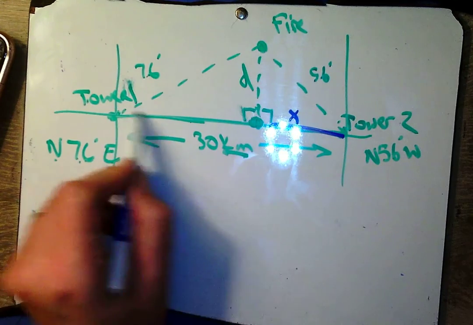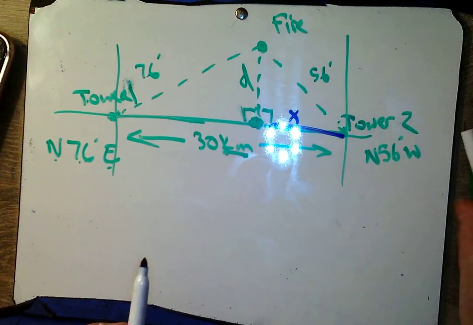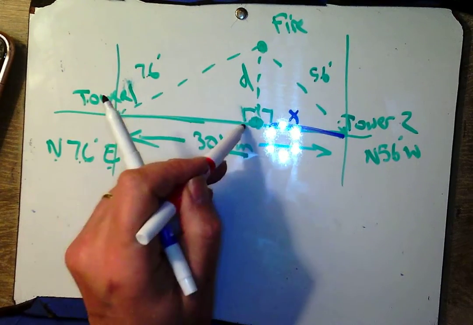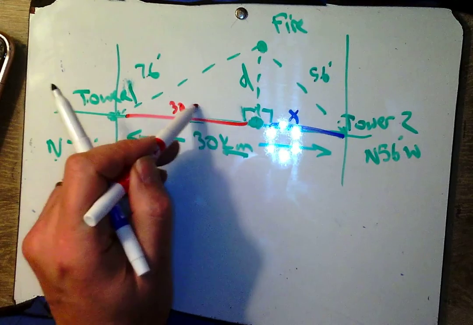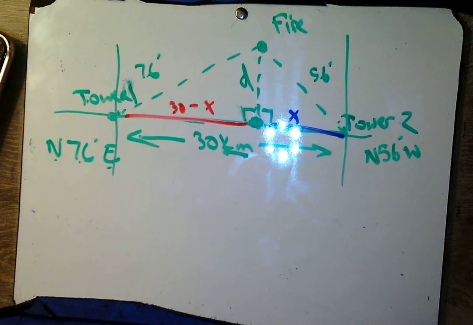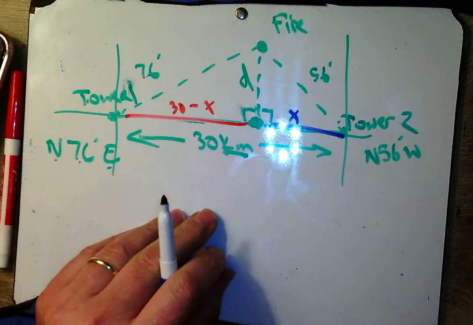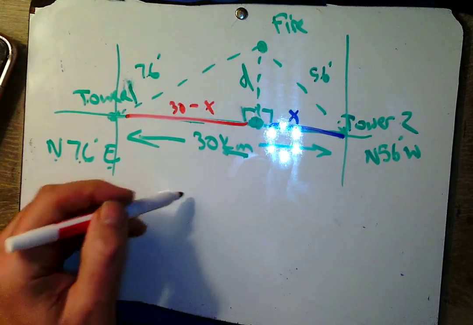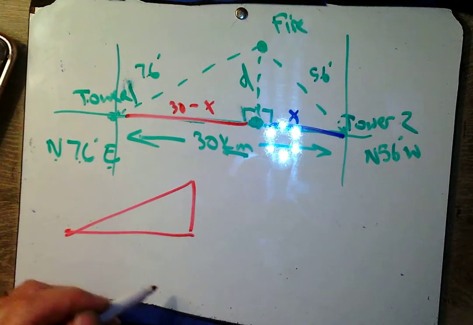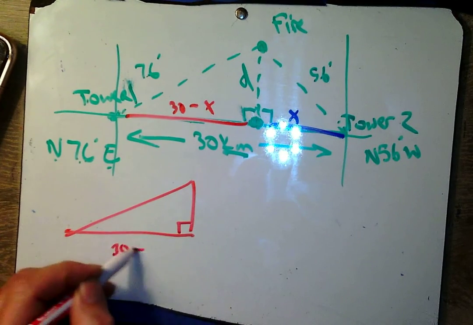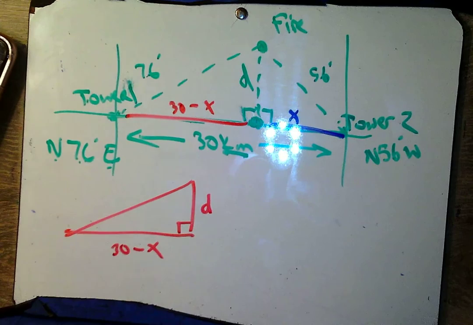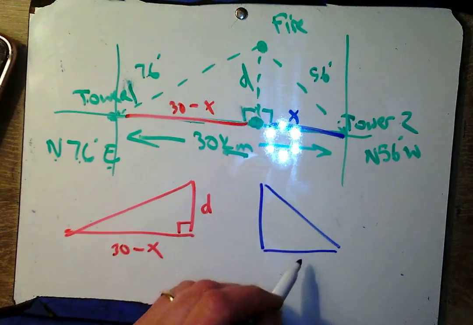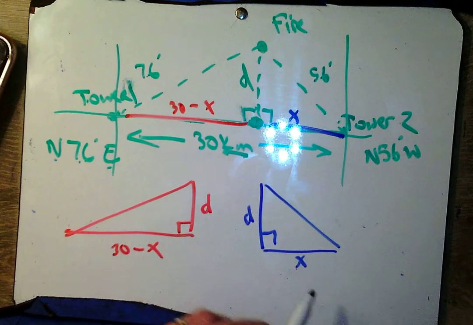So how long is this piece? Well, if the whole thing is 30 and I take x away, I can say that this piece is 30 minus x. And now I think I have enough information to draw and label two triangles. I've got this triangle over here with 30 minus x and d. And I've got this triangle over here with x, d.